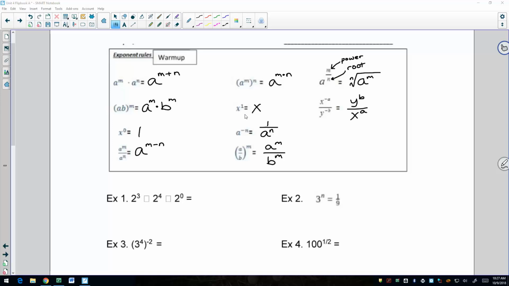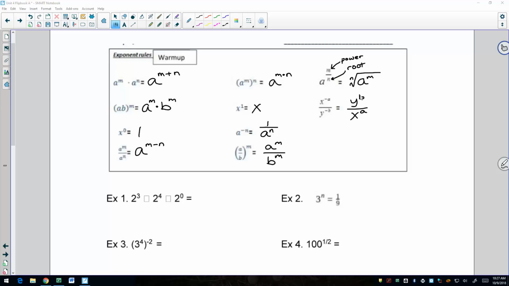The next one I really want to point out is kind of both of these ones here with the negative exponents. So if you recall, to make a negative exponent positive, you simply switch the side of the fraction that your base is on. And what I mean by the side of the fraction is if it's in the numerator spot, it moves to the denominator, and if it's in the denominator, it moves up to the numerator.